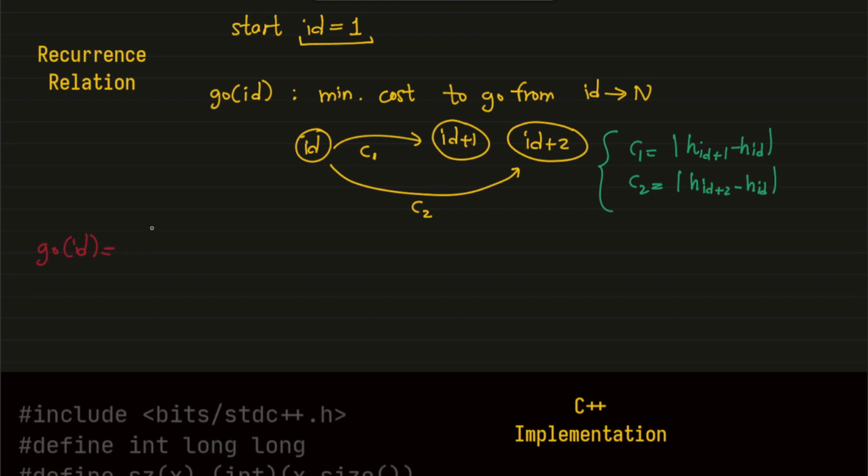Of both choices that are available to us, we will find out the minimum among them. The first choice is to take this index, go to this index, cost incurred would be c1, and the leftover part from that particular index would be go of id plus 1.